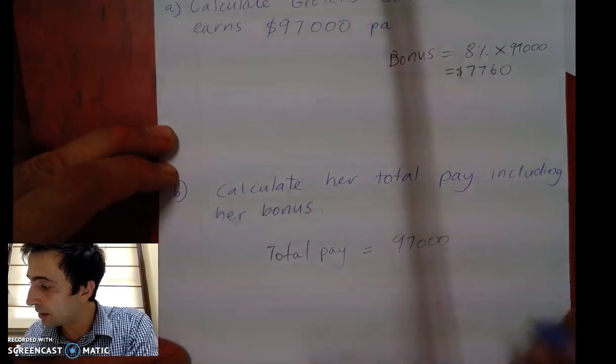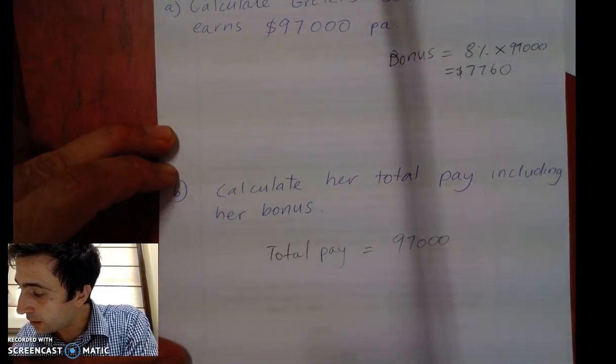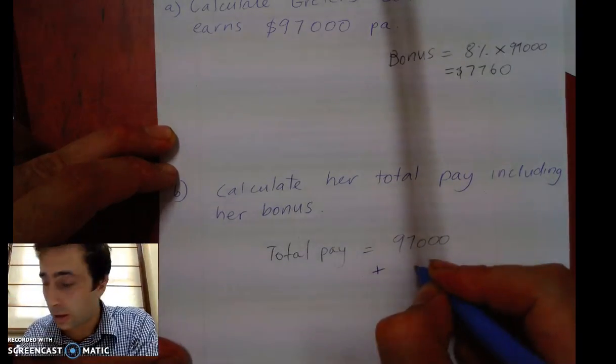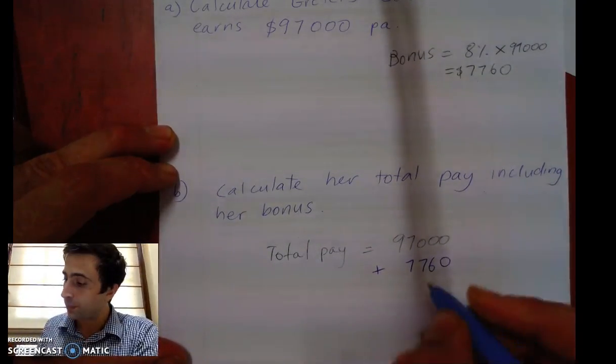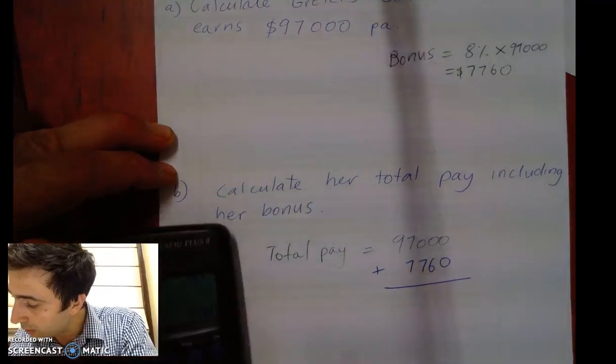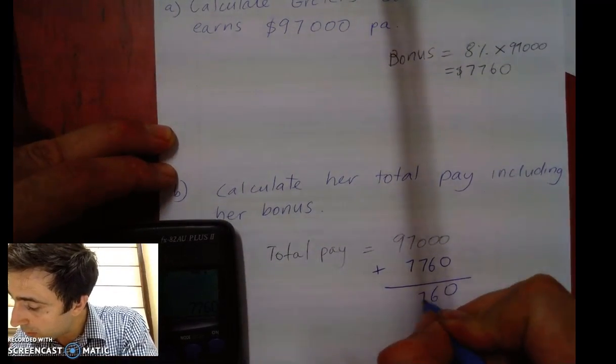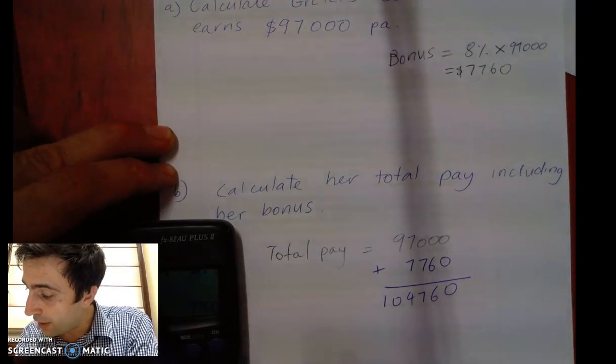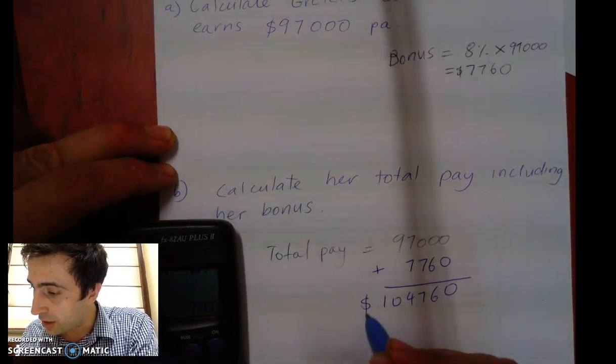Let me just change colours, my pen's dying. And she will therefore get $104,760, including a bonus.